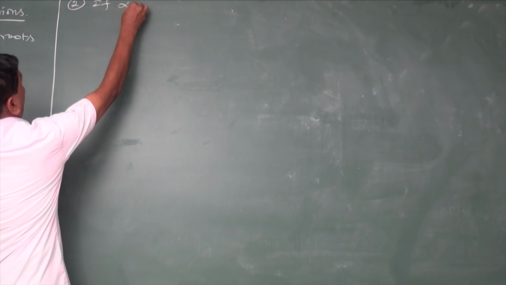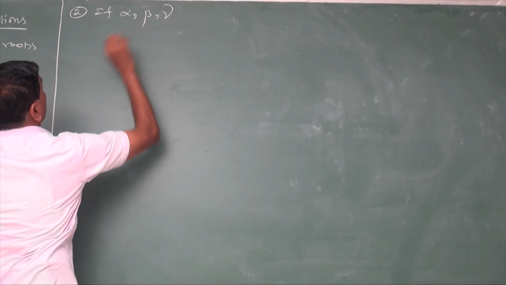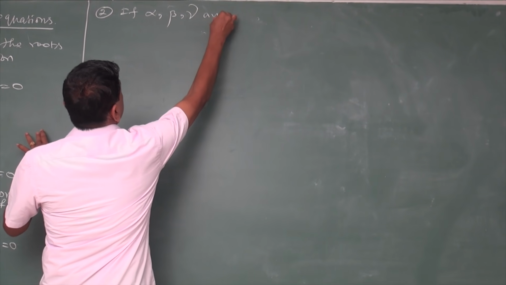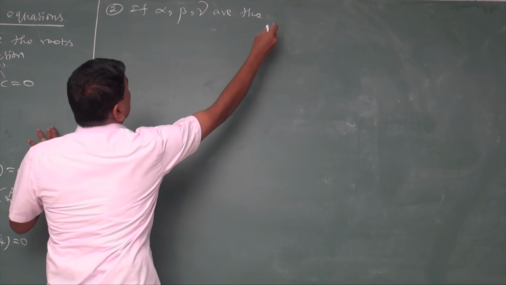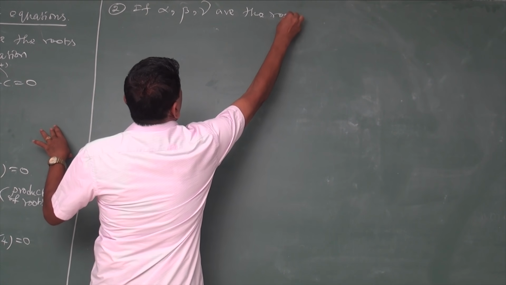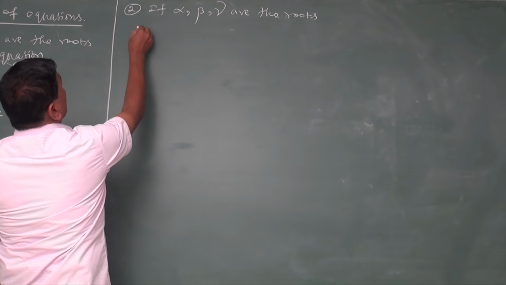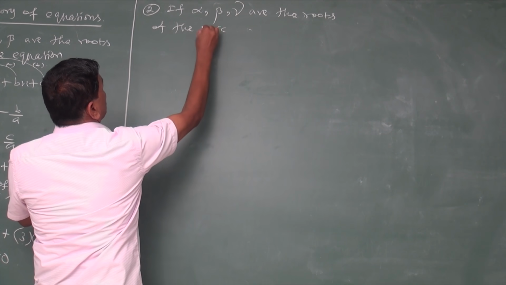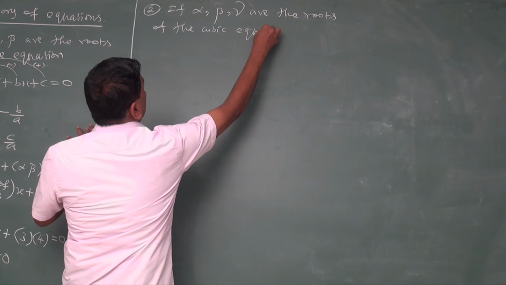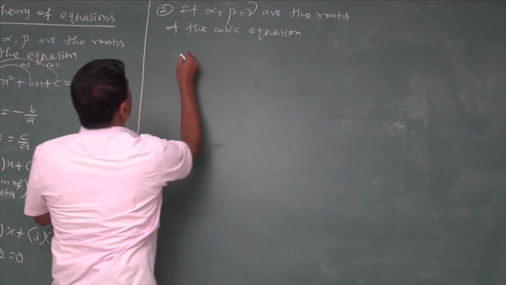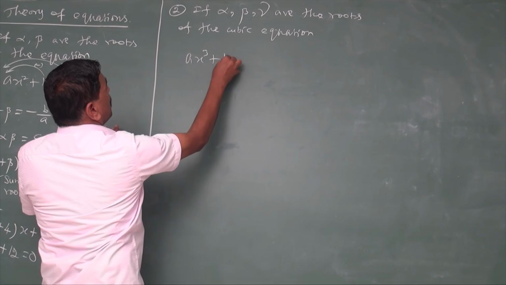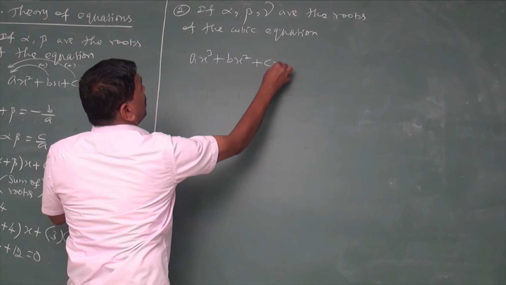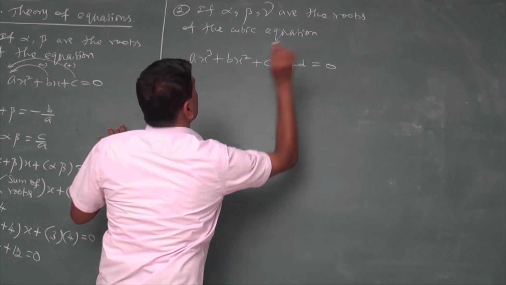If alpha comma beta comma gamma are the roots of the cubic equation ax cube plus bx square plus cx plus d is equal to 0.